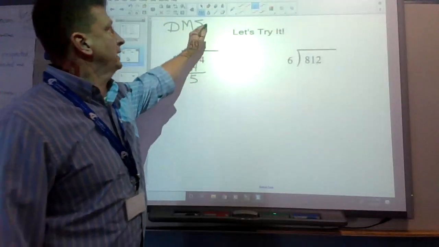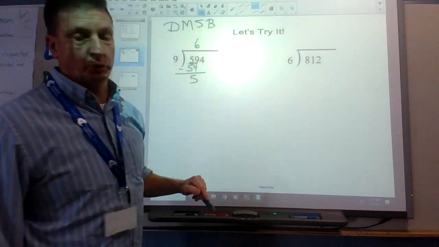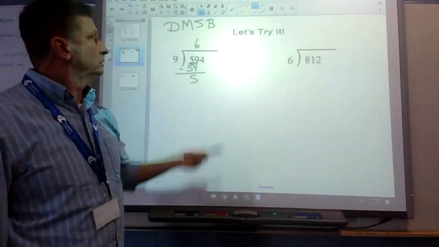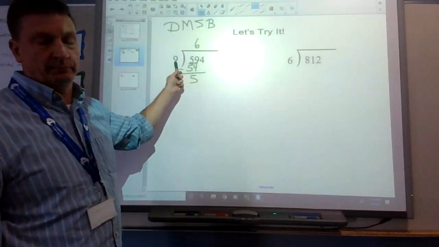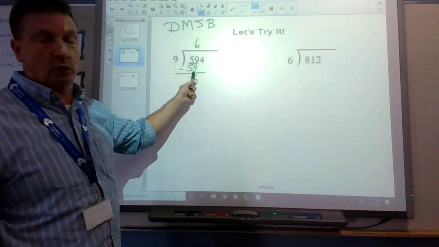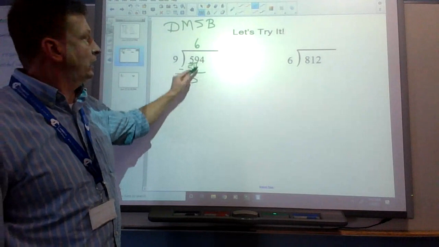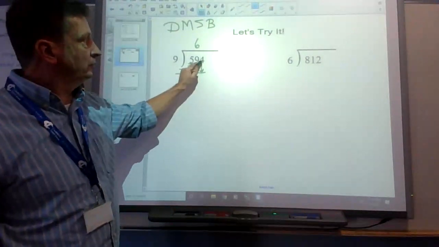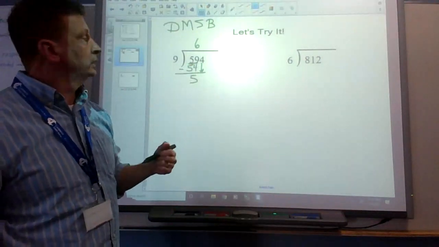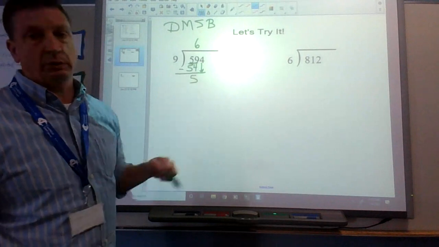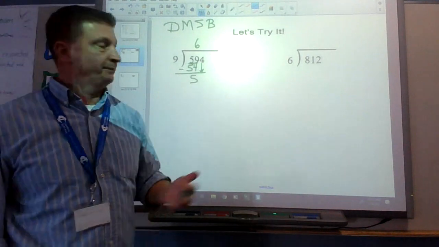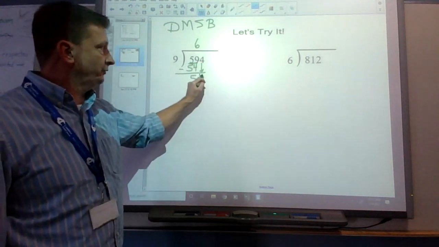The next step is brother, bring down. So I've divided 59 by 9. I got 54 pieces divided out so far. I still have 5 left over. Now I have to bring down any remaining number here, which is 4. You can only bring down one place value at a time. So in this case, I'm going to bring down the 4.